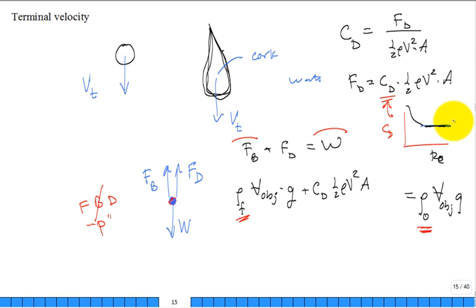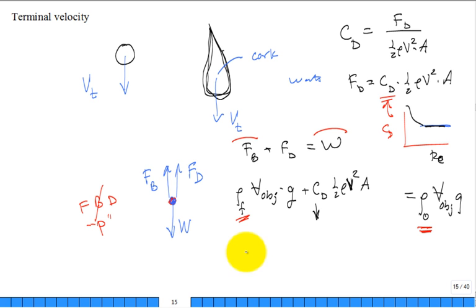Reynolds number independent. It's a constant. And so for a lot of cases, bluff bodies especially, it's a constant. So what we find is the drag force is proportional to the speed squared. It's proportional to v squared.